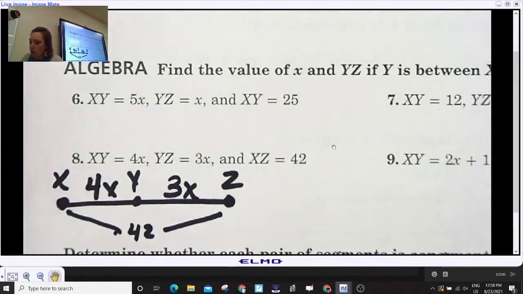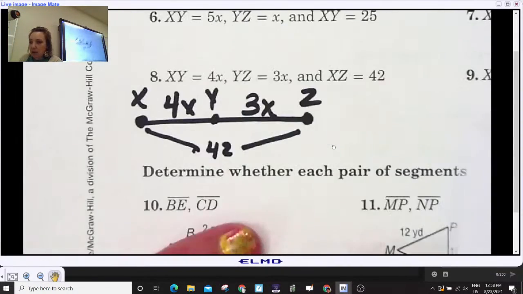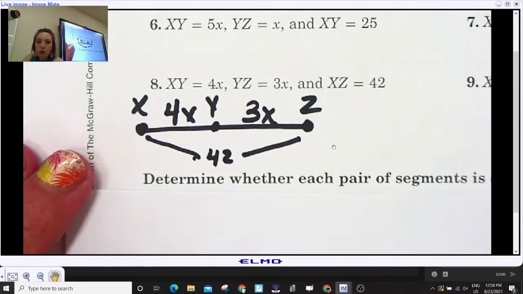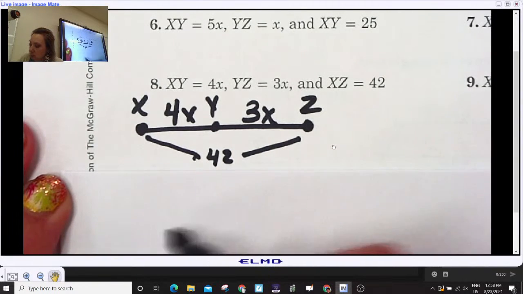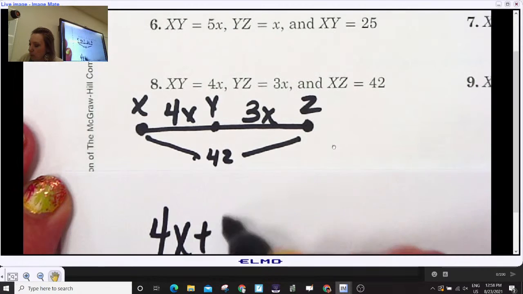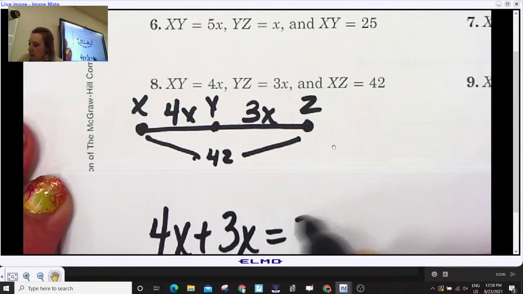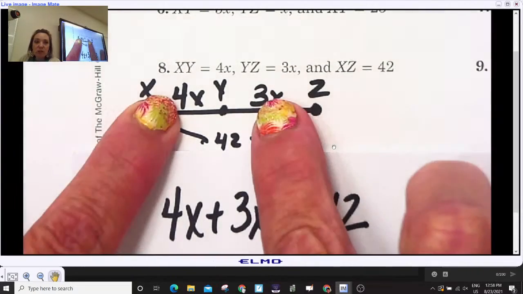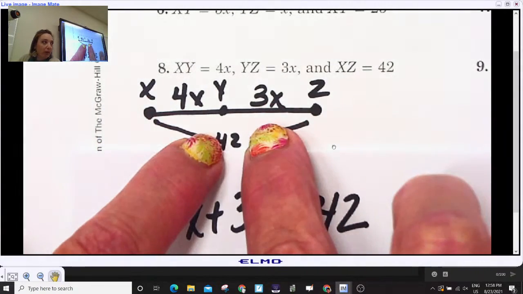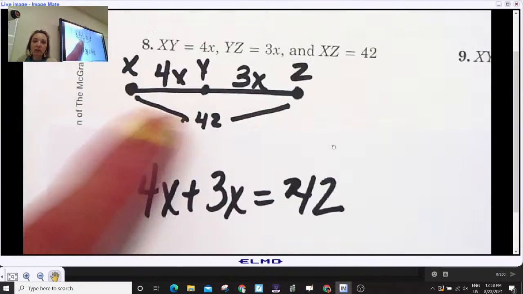All right, so now that we have this, can we write an algebraic expression with that information? What do we know? 4x plus 3x has to equal 42 because these two segments add up to the whole thing, right? And that is the segment addition postulate.